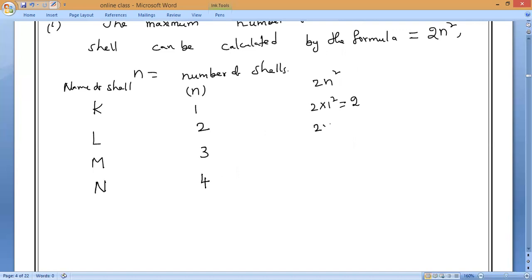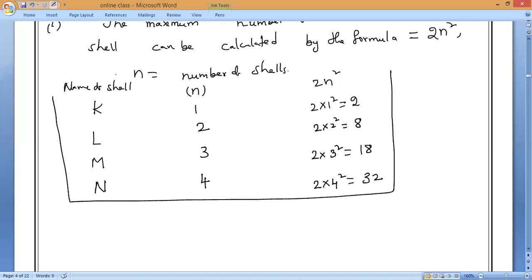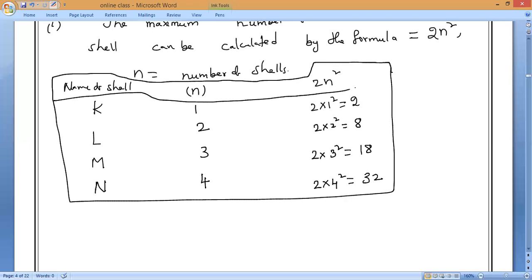So 2 into 2 square is equal to how much, guys? 8. Next, 2 into 3 square is equal to 18. 2 into 4 square is equal to 32. Like this we can find the maximum number of electrons which we can accommodate in a given shell. So please, all of you remember, for calculating the number of electrons in a given shell, we use the formula 2n square. Please write it.